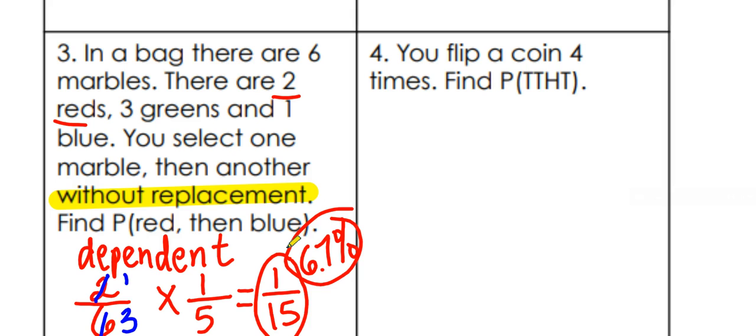All right, let's look at the last one. We're flipping a coin. This should be easy to figure out whether this is independent or dependent. The probability of getting tails, tails, heads, and tails is going to be independent events.